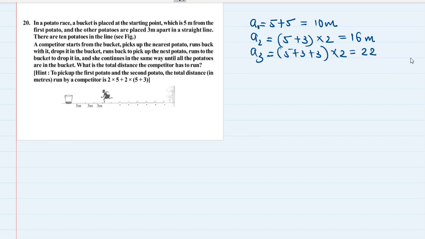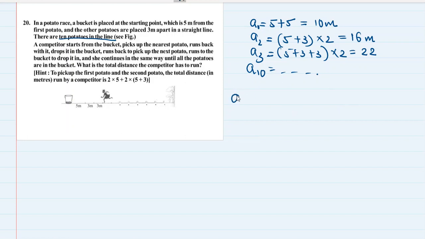So this will go on happening up to, there are how many potatoes? 10 potatoes, right? There are 10 potatoes in the line, yes. So up to A10, she goes on doing the same thing.